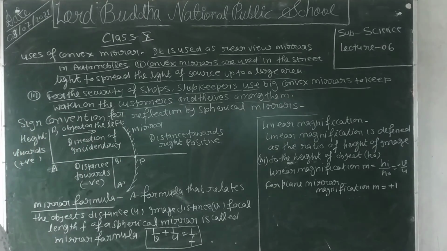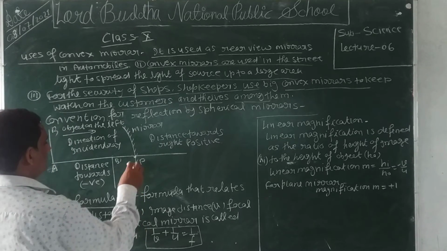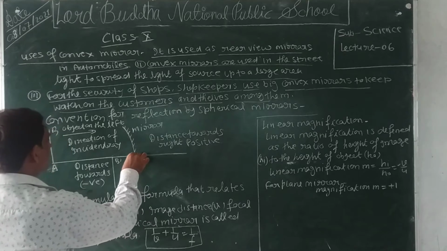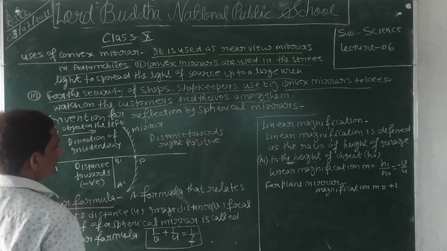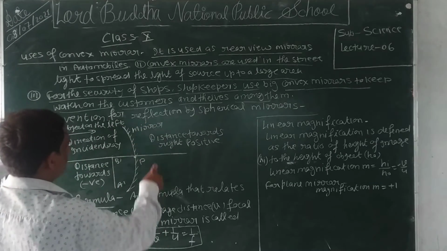According to the sign convention, the distance measured from the pole in the direction of the incident ray is taken positive.